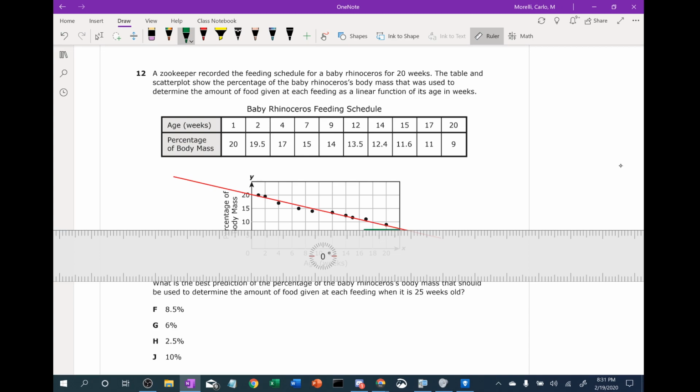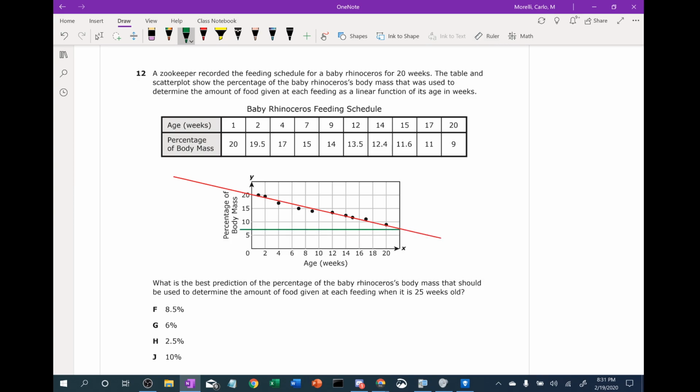So at 25 weeks, this is where the percent body mass will be, because this is 25. It's going to be somewhere between 5 and 10 on the low side. So I can eliminate 10 because it's definitely not 10%. And I can eliminate 2.5% because it's definitely greater than 5. See that?